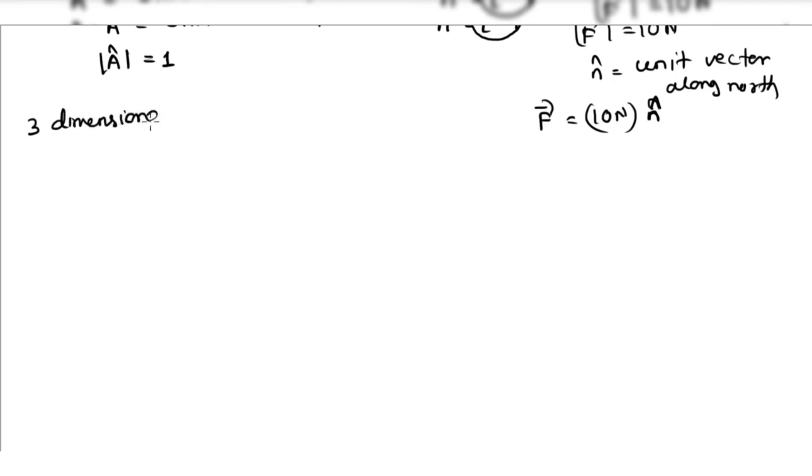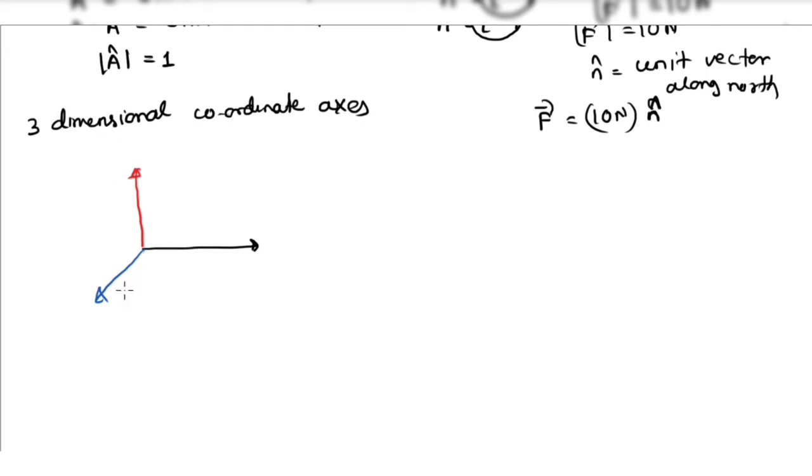Suppose we have a three-dimensional coordinate axis. This is the x-axis, then this one is the y-axis, and this one is the z-axis.